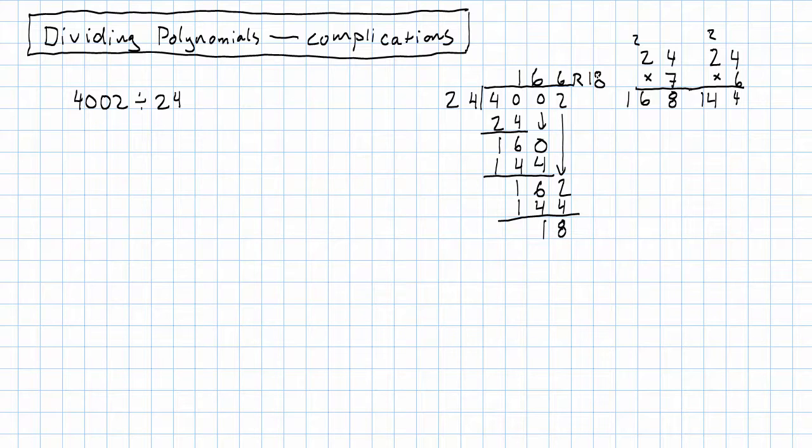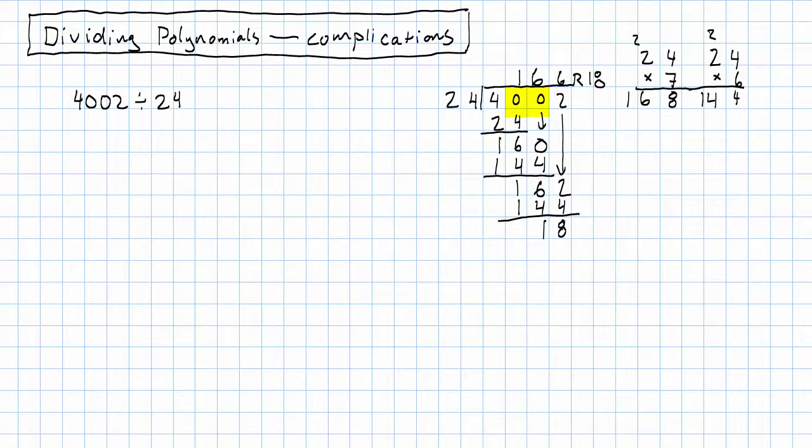Well, this problem has something in it that turns out to make our lives complicated when we're doing polynomial division. And it's the fact that there are zeros.